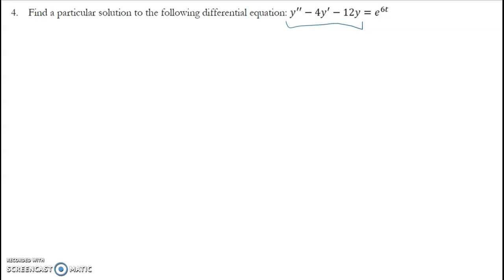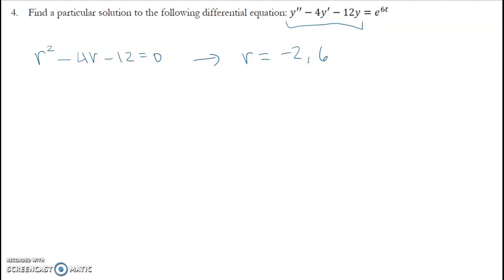We've done a lot of practice doing just that when we were solving the homogeneous differential equations, which means when we have the right-hand side at 0. So what we did is we used r squared minus 4r minus 12 equals 0. This allowed us to solve for r, which would be negative 2 and 6.